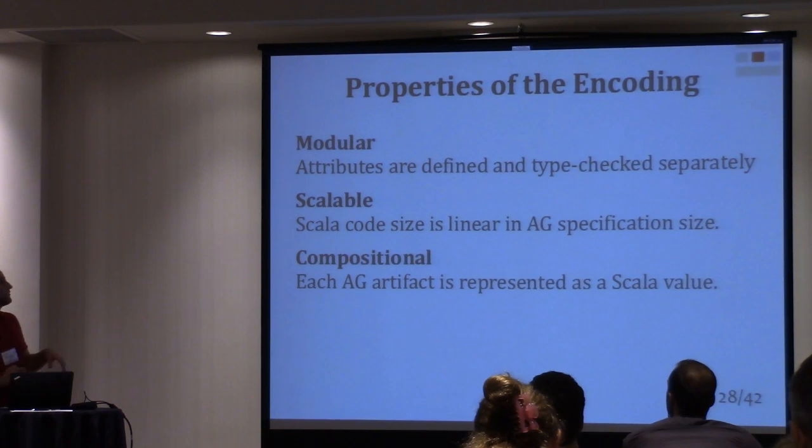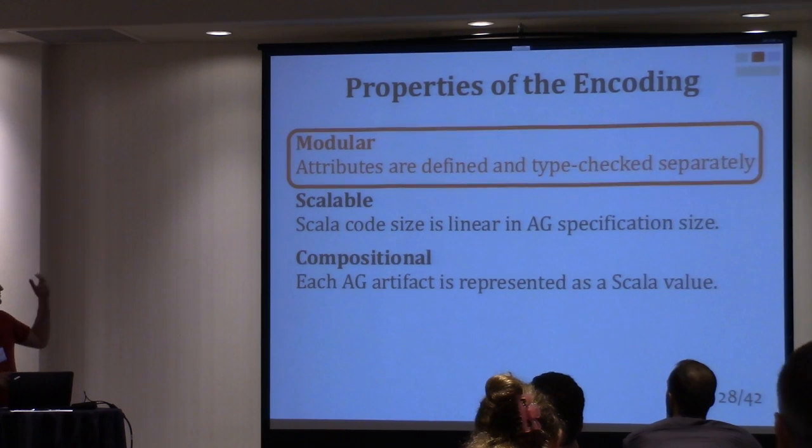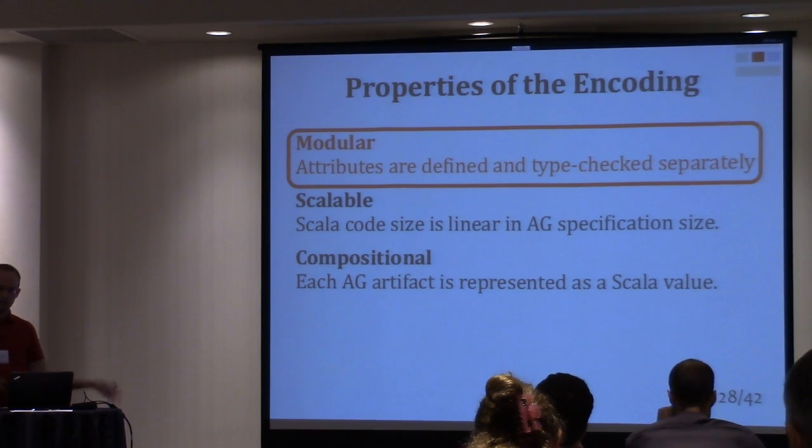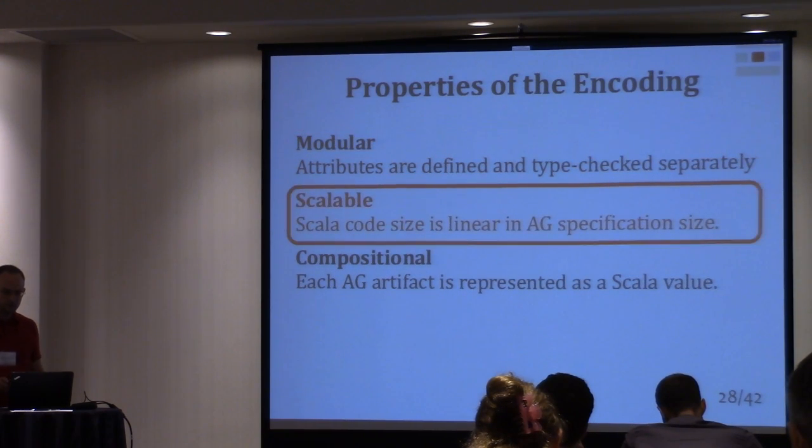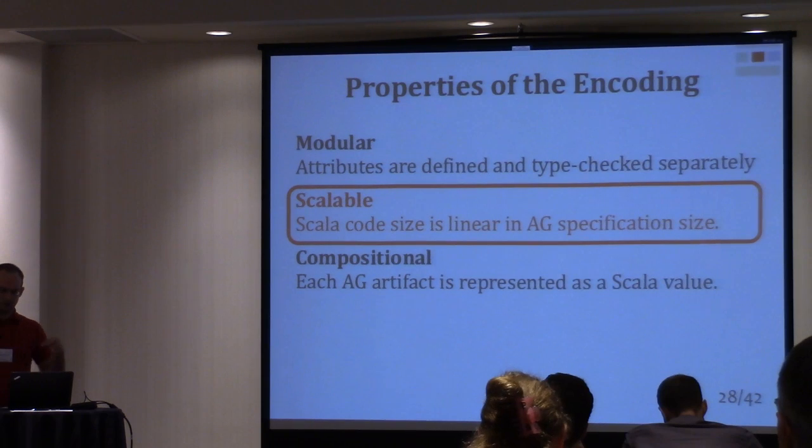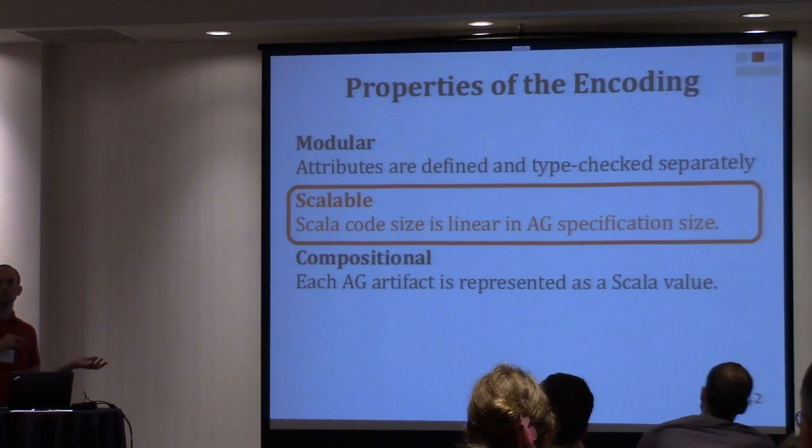So now comes the keyword from the title of the talk. The way we set up the encoding of attribute grammars as object algebras was so that the attributes are defined and type-checked separately, as I just mentioned, in our 25 files, but also so that the Scala code size generated is linear on the size of the attribute grammar specification.